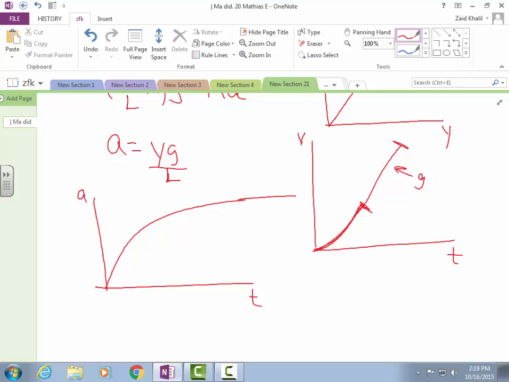Right? It's exponential, and what is its asymptotic value? G. That's right. This is why I suspect. To be determined. And in fact, it might even be like this. I don't really know. I have to go and solve what's called the differential equation.